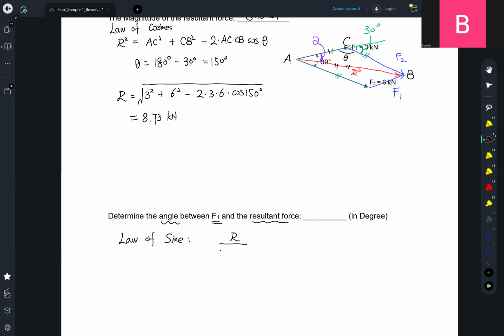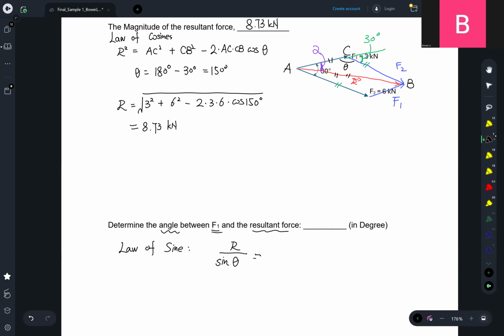So it is R divided by sine of theta, which is 150 degrees, equals the ratio of a side to its angle. Since we are interested in the angle alpha, the numerator should be the side opposite to alpha, which is F2.